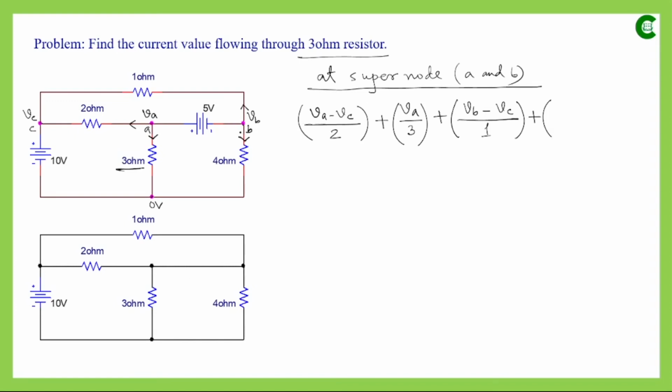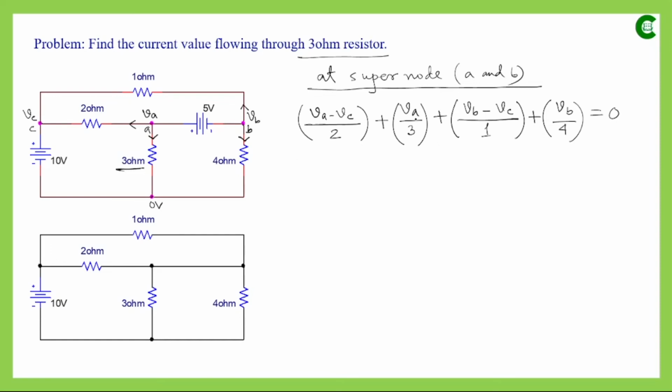The current flowing through this 4 ohm resistor will be VB minus 0 divided by 4. The summation of all these outgoing currents will be equal to 0.